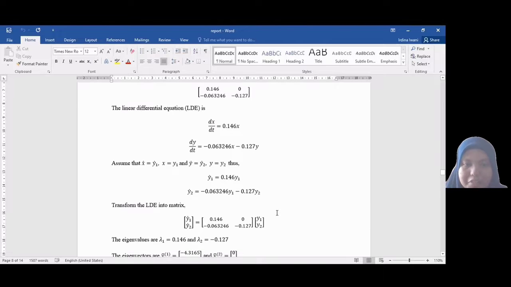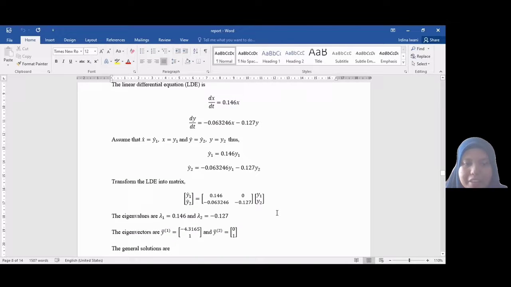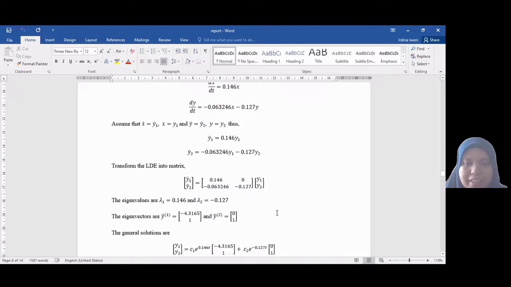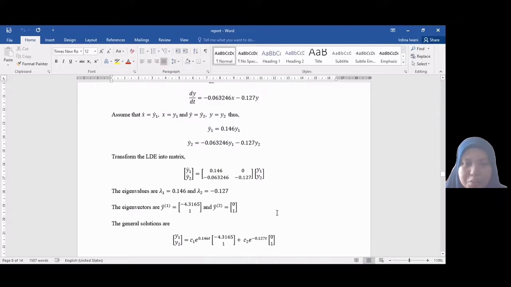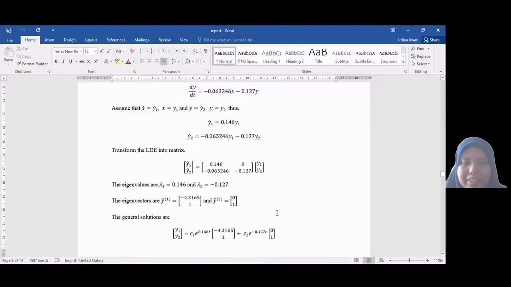We have transformed the equation into a matrix, and the eigenvalues obtained are lambda 1 equal to 0.146 and lambda 2 equal to negative 0.127. The eigenvector for lambda 1 is negative 4.3165, and the eigenvector for lambda 2 is (0, 1).